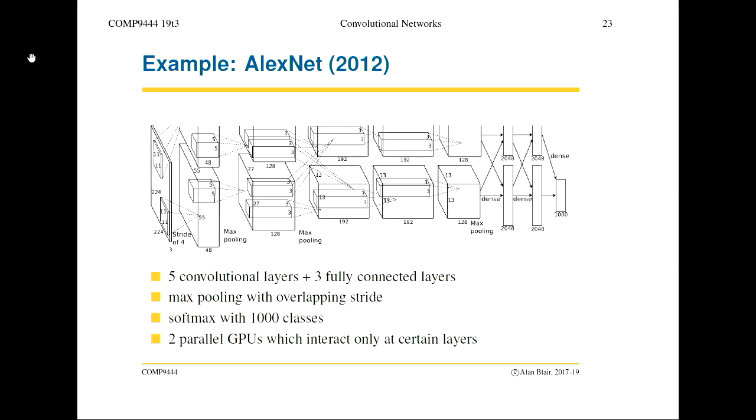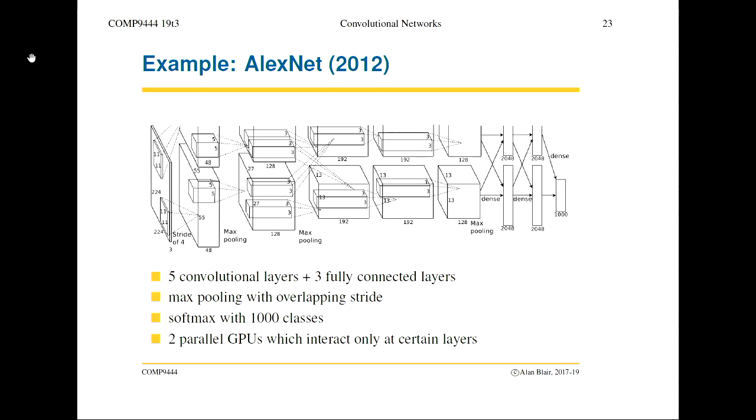Okay, so now that we understand all the components, let me just go back to this picture so that we can see the whole picture. So what happens? You've got the original image here. These filters are 11 by 11 with a stride of 4.